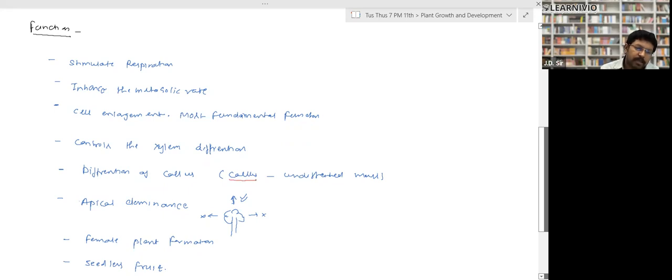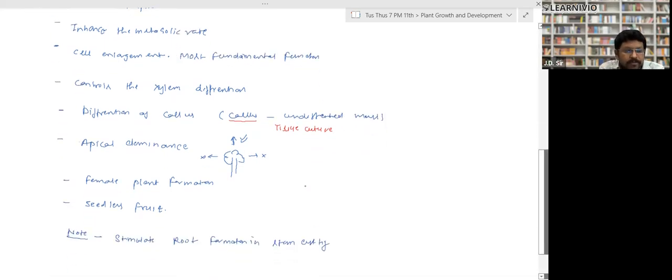Callus is a mass of undifferentiated cells, and it is made in tissue culture. In tissue culture, we take a mass of tissue and use auxin and cytokinin to promote them to divide and get differentiated.